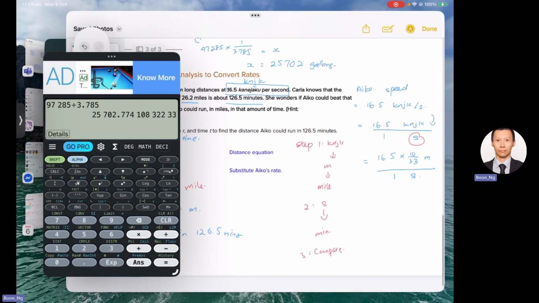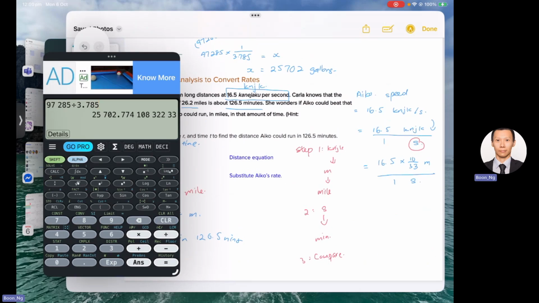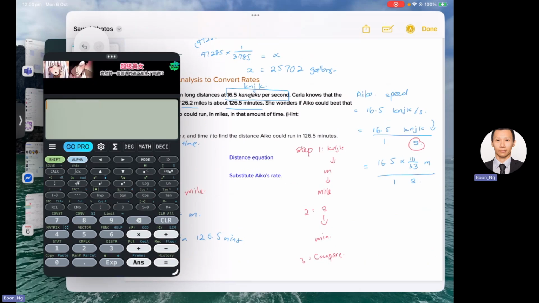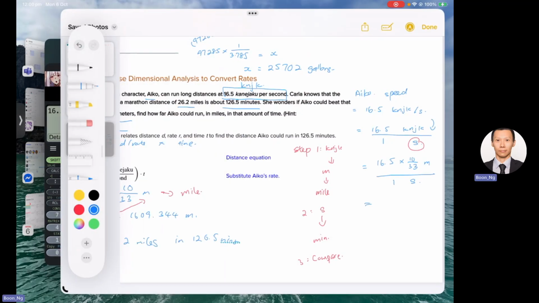Okay, let's continue. So 16.5 times 10 divided by 33, we get 5 meters per 1 second. All right.